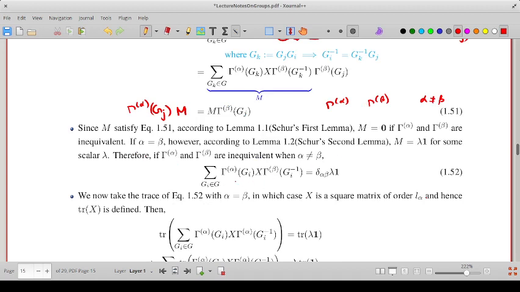So M is given by this sum, summation over Gi in group G, gamma alpha Gi X gamma beta Gi inverse, which should be 0 if alpha is not equal to beta, and should be a multiple of 1 when alpha equal to beta. So I can write it as delta alpha beta lambda times the identity matrix.